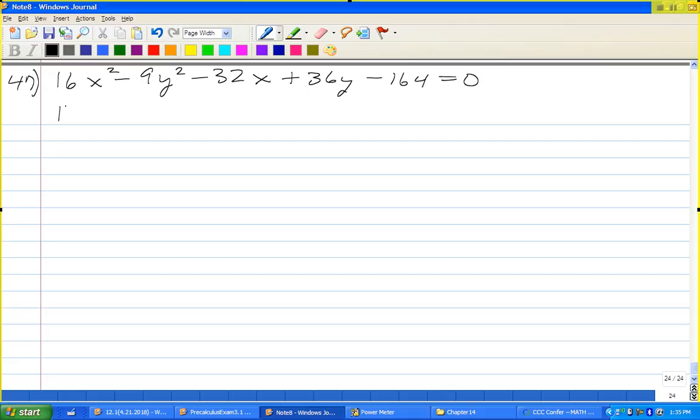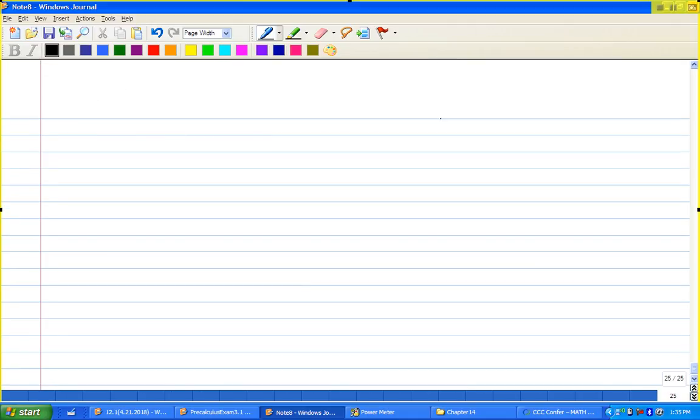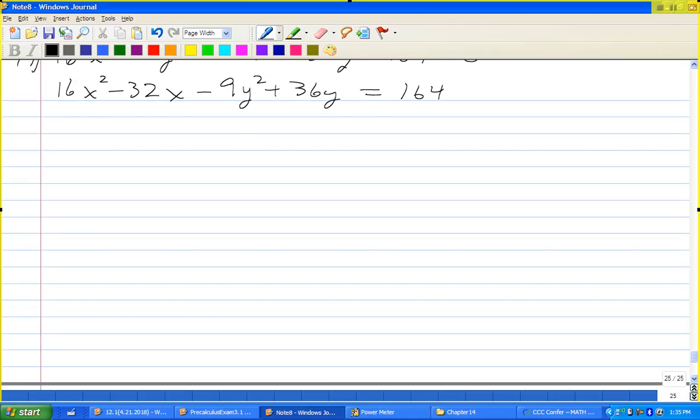Group the x's: 16x squared minus 32x. Y's together: minus 9y squared plus 36y. Bring the 164 over to the other side of the equation by adding 164 to both sides.